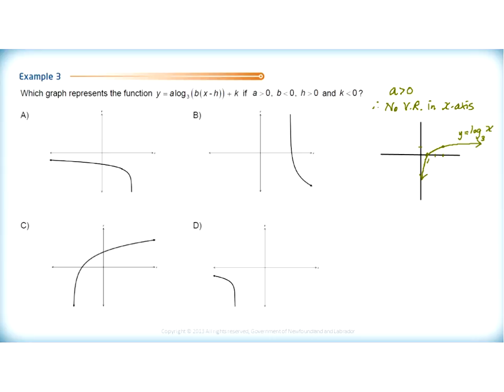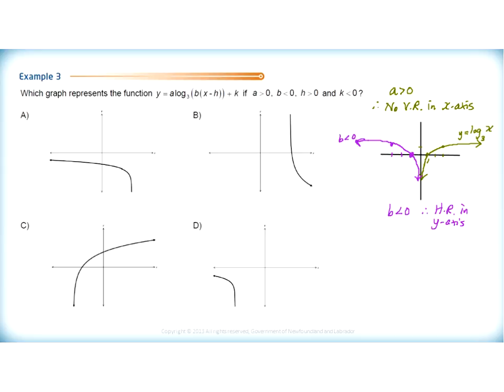However, if the value of b is less than 0, then we have a horizontal reflection in the y-axis. So the point (1, 0) will get mapped onto (-1, 0), the point (3, 1) goes to (-3, 1), and the graph will look something like this. So that's the graph that results when b is less than 0.